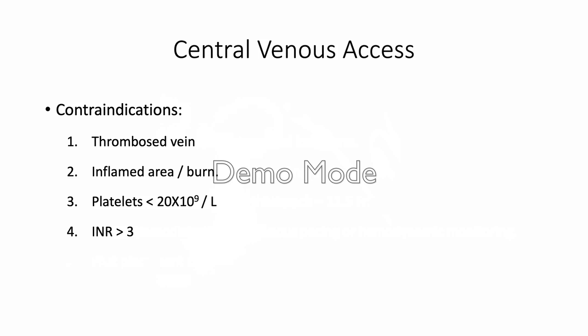Second, if we have an inflamed or burned area at the site of insertion, then it is not wise to go through that vein. Other contraindications can sometimes be considered relative, such as platelets less than 20,000 or INR of more than 3.